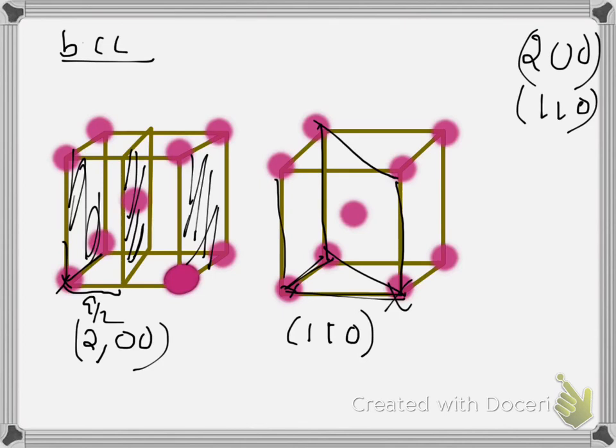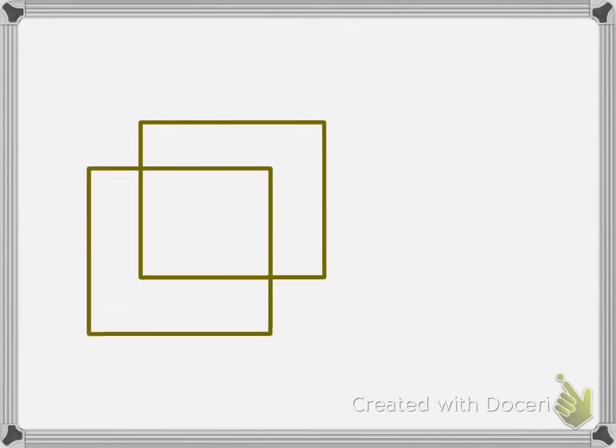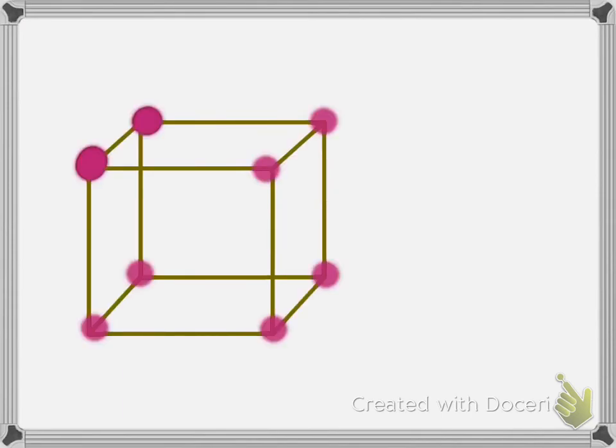Then you have to see another plane. See how to draw it. Again, the origin is this one. Now you have to see how that plane can be drawn.